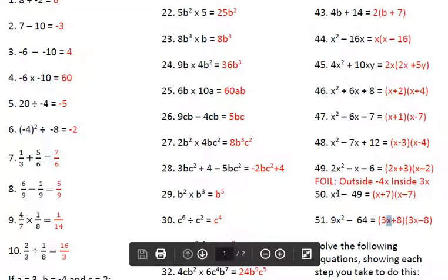That's what we've done over here, which is why we just wrote down x by itself. So the square root of 9 gives us 3, the square root of x squared gives us x, and the square root of 64 gives us 8. And we have 3x plus 8, 3x minus 8.